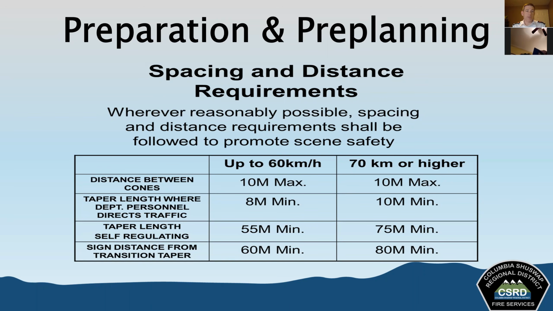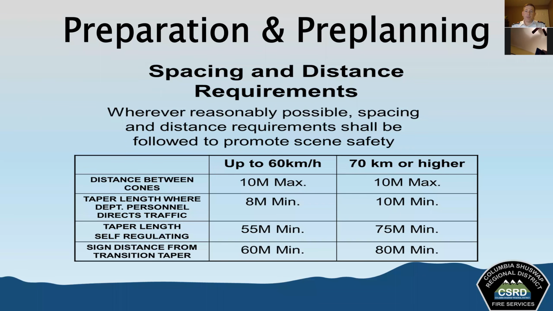Having somebody there directing traffic gives motorists a lot more idea of what they need to be doing. You're able to point the directions they're supposed to be going, and it gives them adequate time if we've got a nice advanced warning area. But we need a lot more taper area when self-regulating because it has to be much more gradual, so that drivers start gradually going over, and it's not such an abrupt turn, right? We're not making them stop or have our slow signs out. So we want to make sure that they see it and are able to respond.